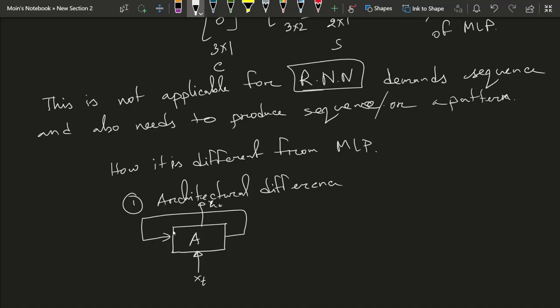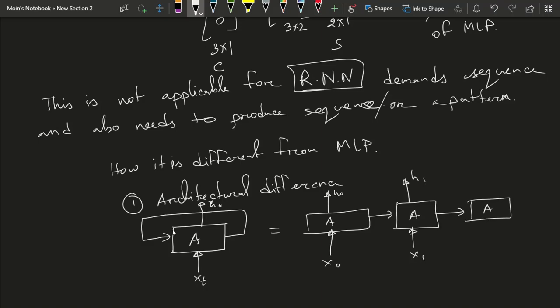If we expand this, it could be represented like x0 producing h0, and then h1 with x1, the same function, just an unfolding of the time series, right? So h2 and move on.